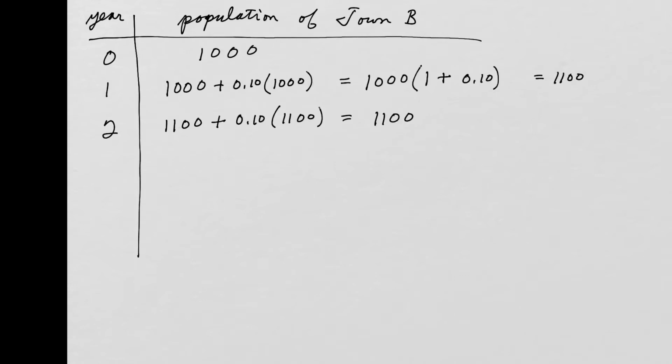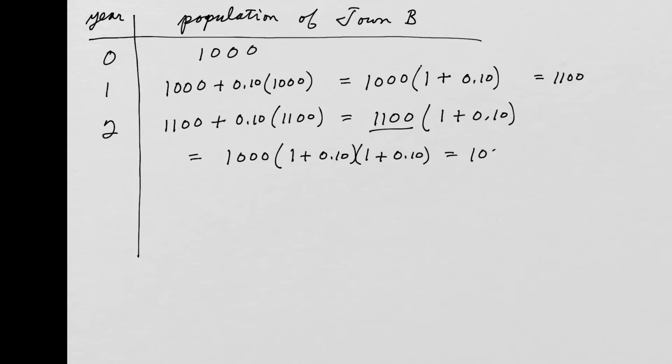So I have 1,100 times 1 plus 0.10. But remember, the 1,100 here I can replace by up above, it's just 1,000 times 1 plus 0.10. And I'm still multiplying by another 1 plus 0.10. So I could write this as 1,000 times 1 plus 0.10 squared.